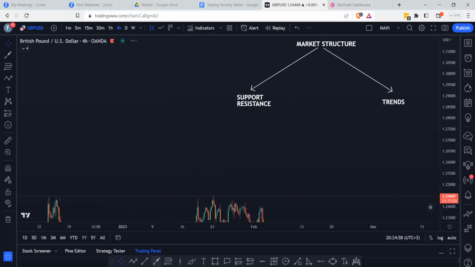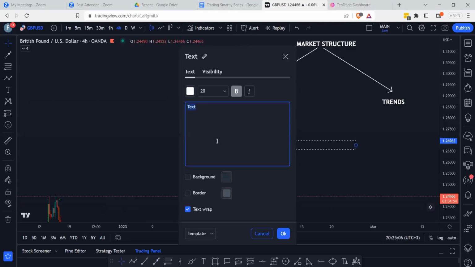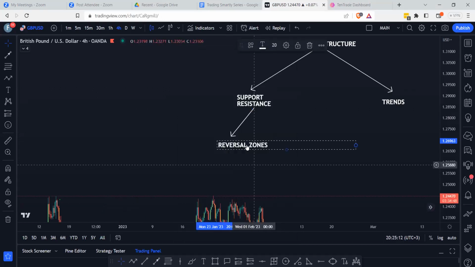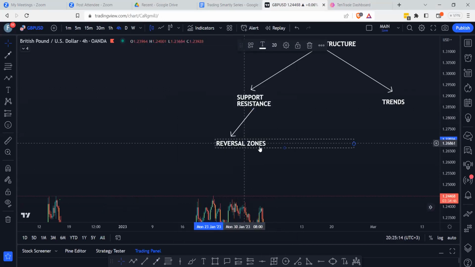When we deal with support and resistance, I want you to think about reversal zones in the market, or areas of reversal. I'm going to explain shortly. Let's go to the chart and see how all of this plays out.